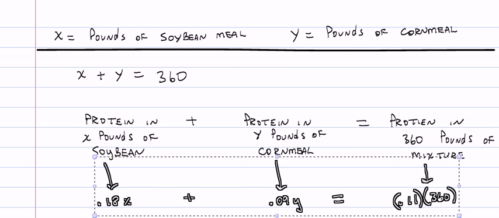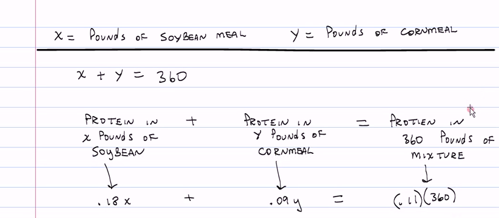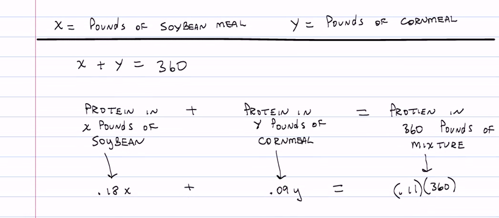And so we can come up with those numbers by knowing that the soybean is 18% protein, so 0.18 times X, plus the cornmeal was 9% protein, so 0.09 times Y, and then the protein in the 360-pound mixture. Well, we want the 360-pound mixture to be 11% protein, so it's the percentage of protein times the weight, so that one's just a number.